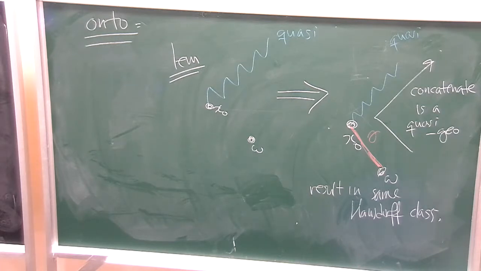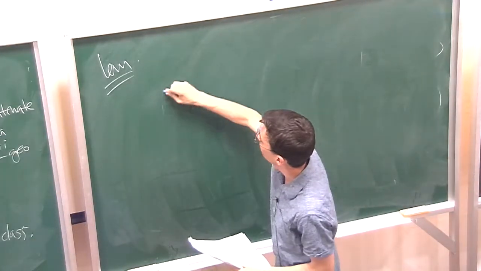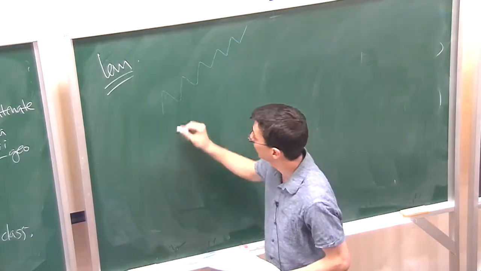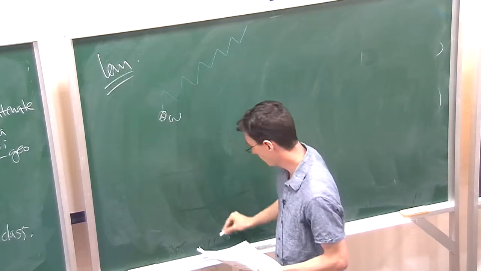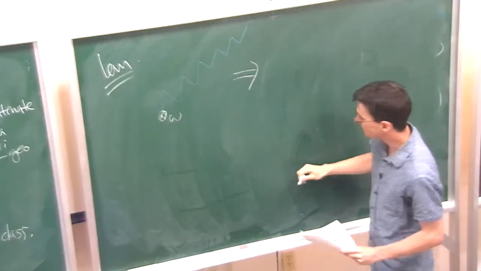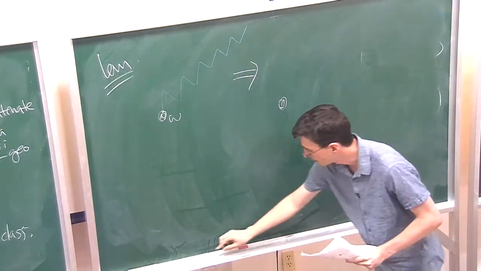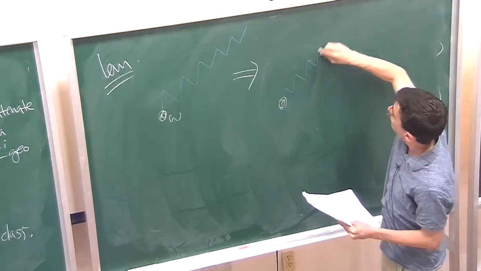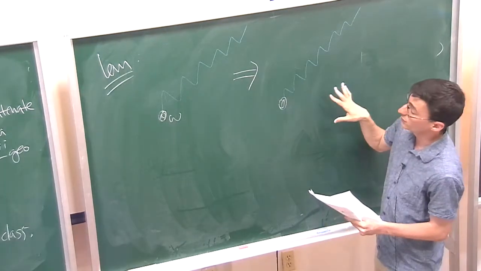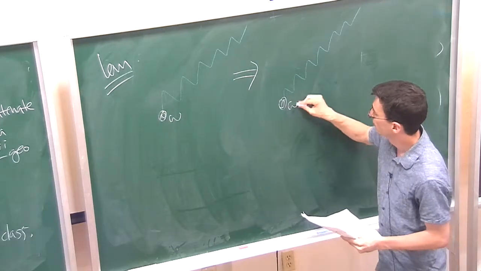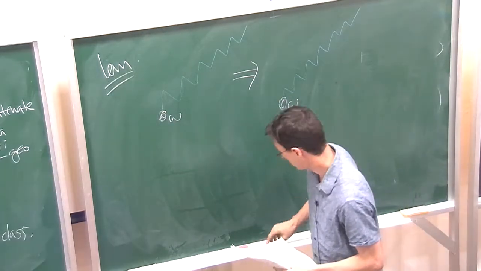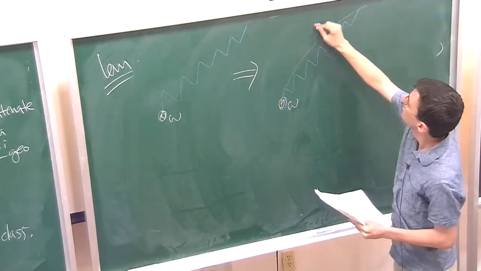Let's see, claim 2. So if I have some quasi thing, and I have, let's say this is actually W this time, then this picture says, okay, same quasi thing, and I'm going to build for you a geodesic starting at W that actually follows it.